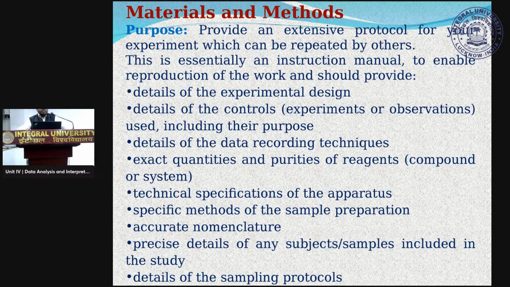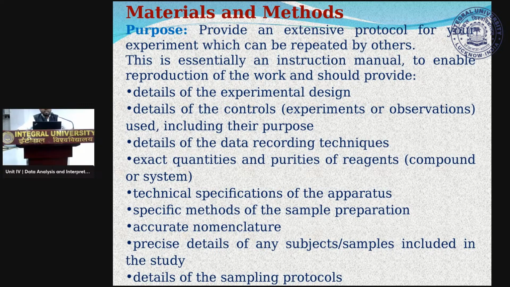Materials and method provide an extensive protocol for your experiment, which can be repeated by others. In most scientific research conducted in the laboratory, certain materials and apparatus are required to complete your investigation.